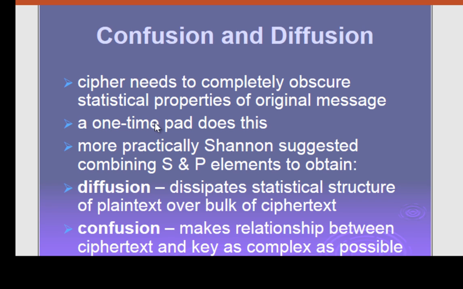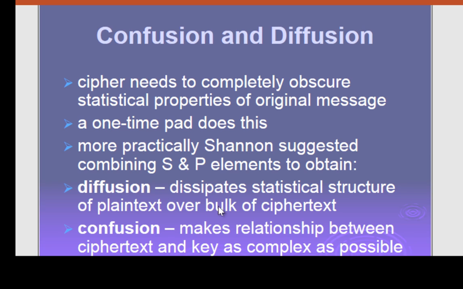We can generate this type of ciphertext by using a one-time pad, which is one of the substitution techniques. But using a one-time pad is very complex, because every time you need to choose a different key. A very practical thing we can do is use the SP networks suggested by Shannon. Using the SP networks you can create such complex ciphertext.